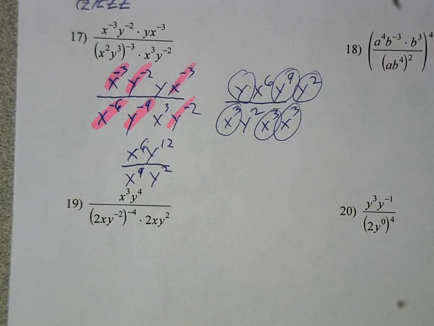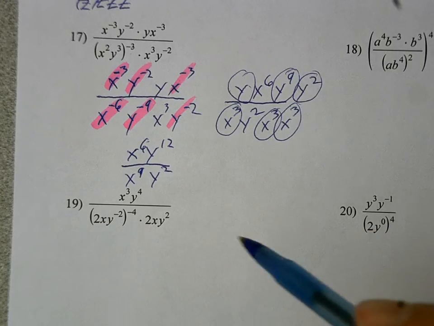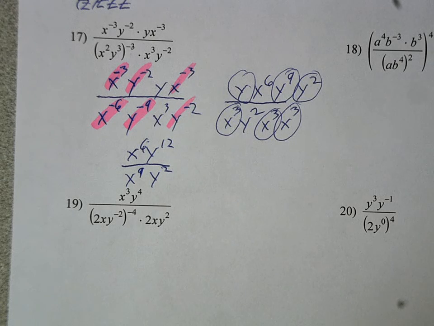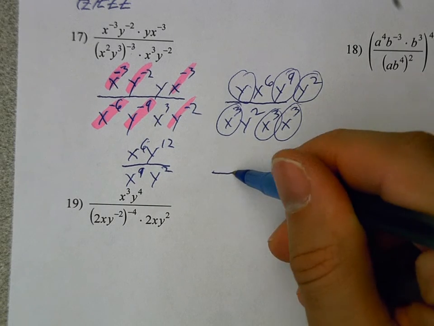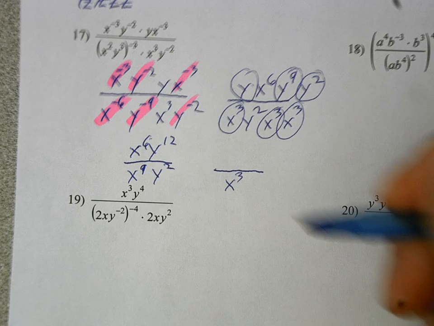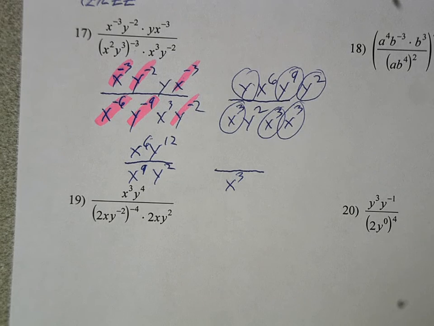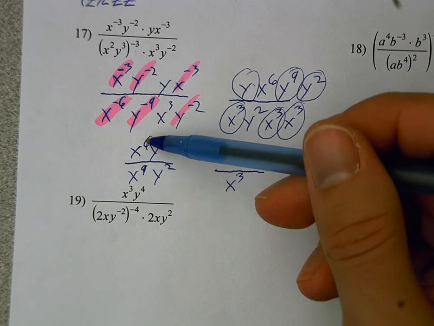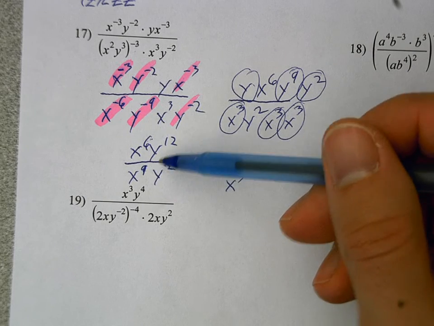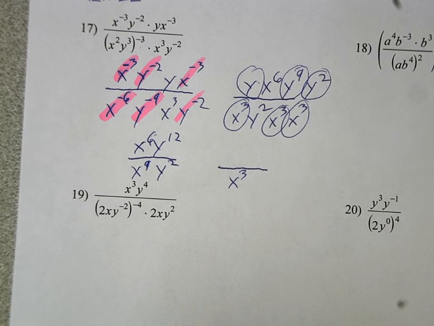So, Carson says we've got x to the 3rd power. Caitlin, is that going to go on the top or the bottom? The bottom. Right. x to the 3rd. You can get that one of 2 ways. You can either do 6 minus 9 is negative 3, and that negative moves it to the bottom. Or you can write out 6 on the top, 9 on the bottom, cross them out, 3 left on the bottom.